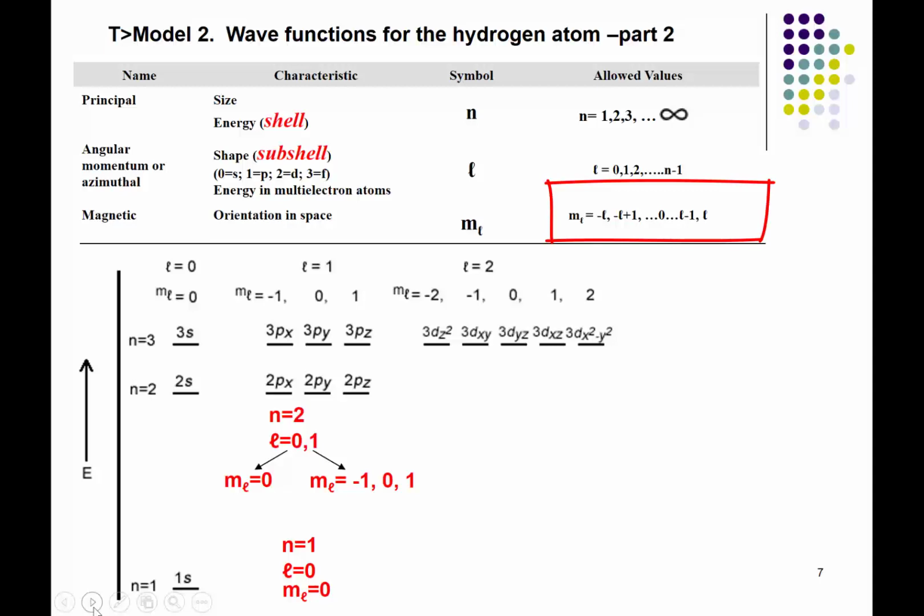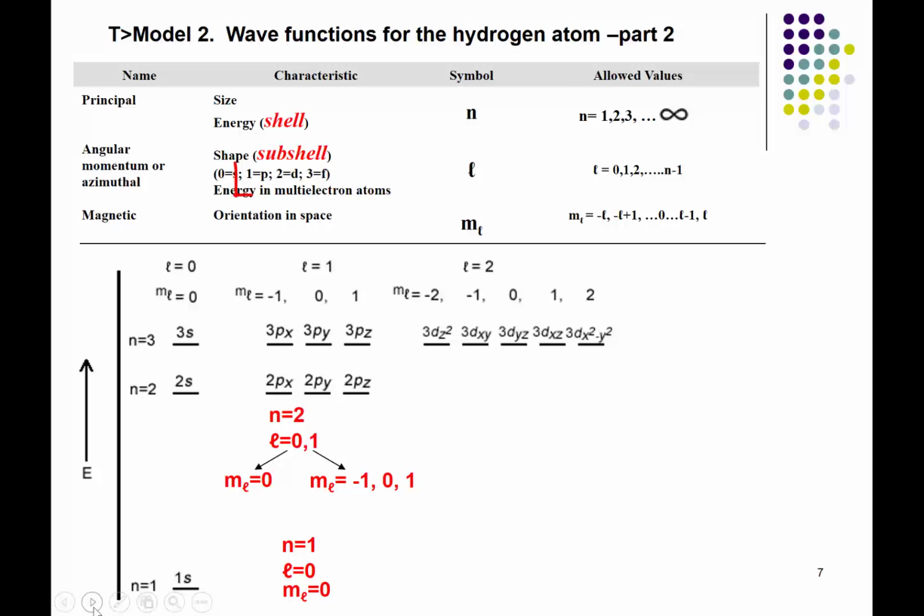So once again, if L is equal to 1, then ML can be minus 1, 0, and 1. So this means that for L equal to 1, there are 3 different orientations in space.